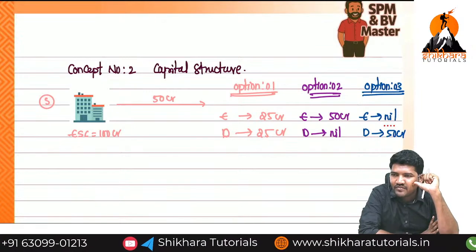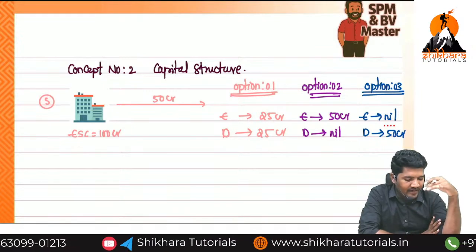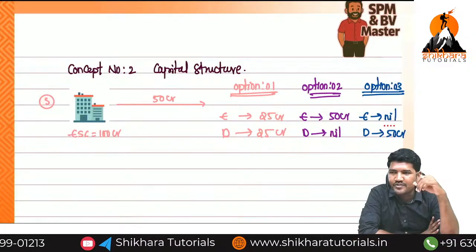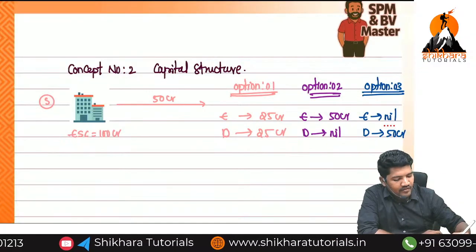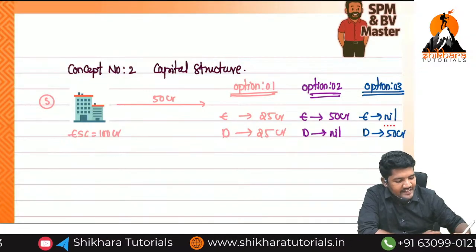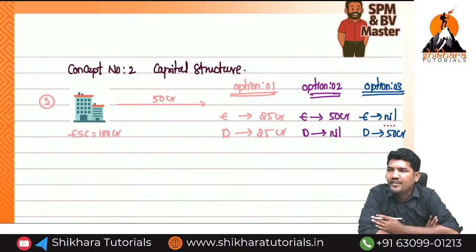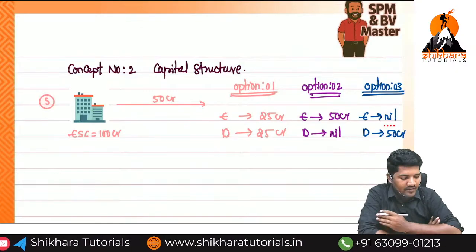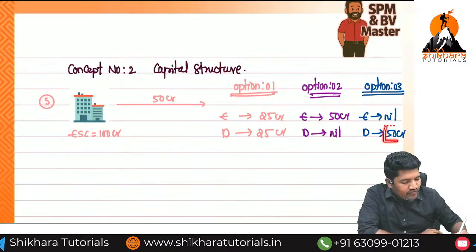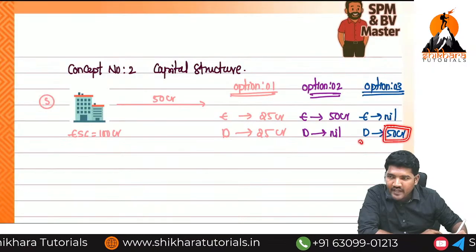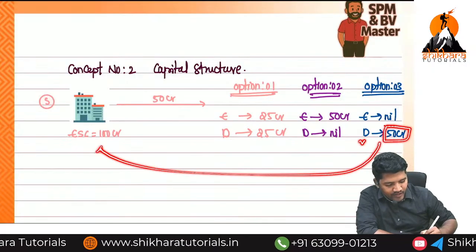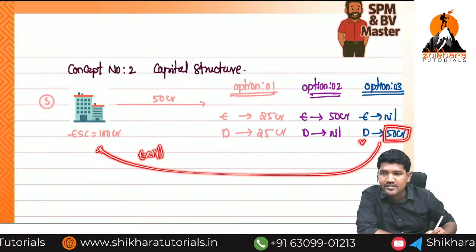Okay, let us check what is happening in the options. For example, if you think option 3 is the best one, because of this 50 crores only because of debt, it is a risk to the existing owners.